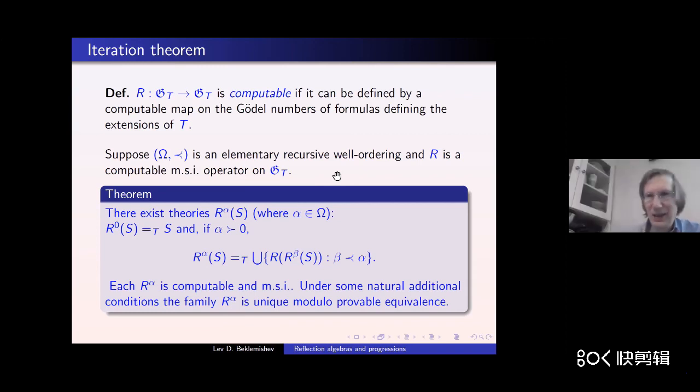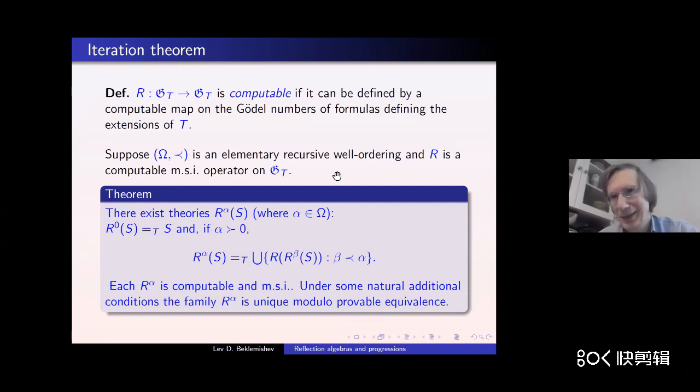No, let me try. Maybe I try to comment as follows. In order to define these iterations, we need an ordering along which we would like to iterate. So without an ordering, we cannot define iterations.